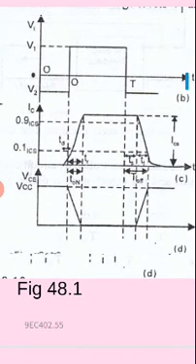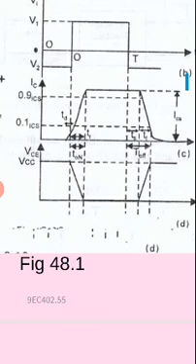At that time the output voltage, that is the VCE voltage, becomes low, and that voltage is called VCE sat or the saturation voltage. It is shown here.